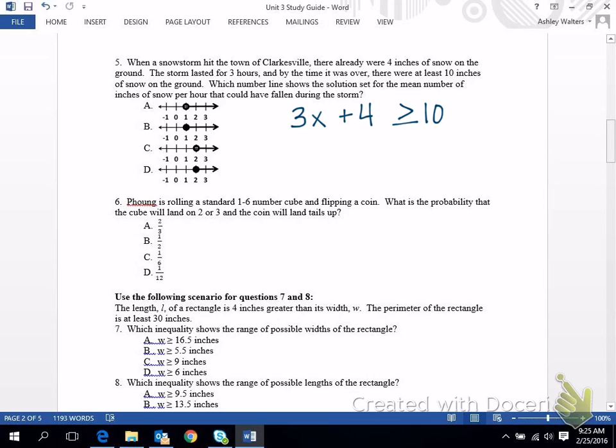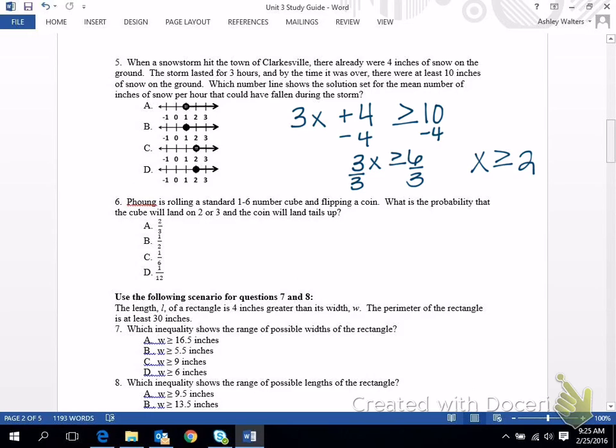In order to solve this, you would subtract 4, leaving you with 3 hours of snow should be greater than or equal to 6. If you divide by 3, then you'll come up with x is greater than or equal to 2, meaning you accumulated at least 2 inches of snow per hour for 3 hours in order to get at least 10 inches of snow on the ground.